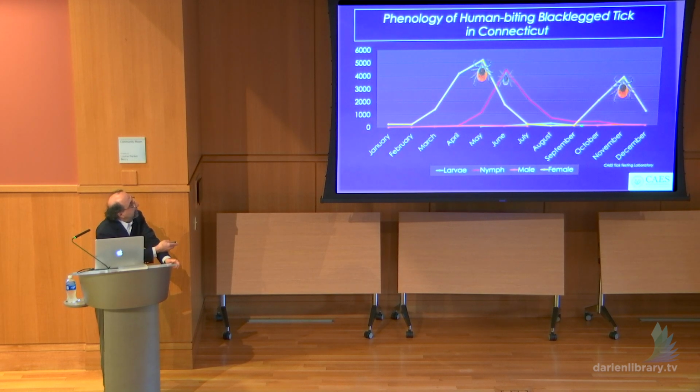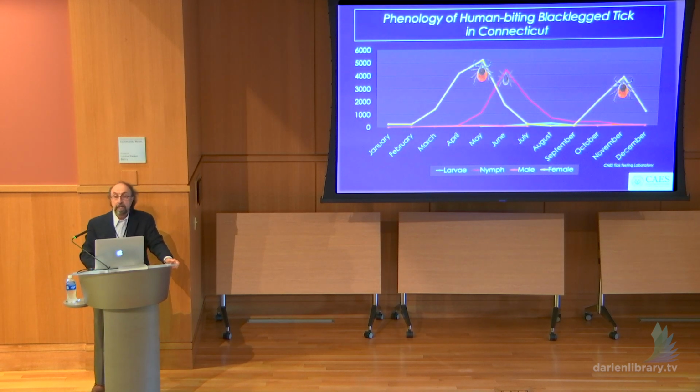And then they start in October or end of September. They reach a peak in November again, and they fall off. But that peak slows down, but as I mentioned early on, black-legged tick continues its activity during the winter months as long as temperature is above freezing.